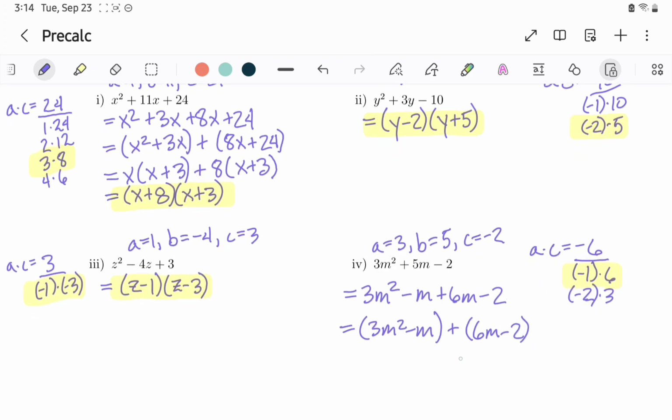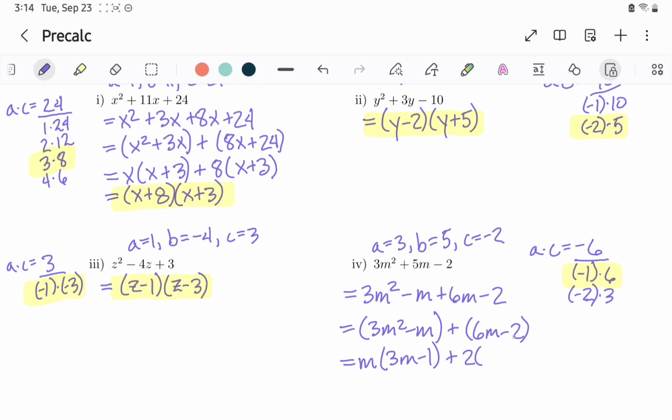And then we want to pull out the greatest common factor between the two terms in each grouping. So for 3m squared and m, the greatest common factor is just going to be m. So we'll pull that out, and what remains is going to be 3m minus 1. And then for our other grouping, 6m minus 2, the greatest common factor between these two is just going to be a 2.